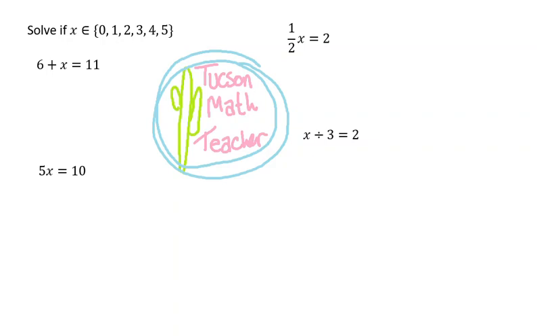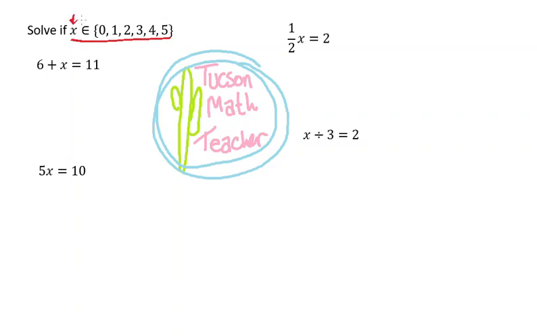And the idea is this, that we are going to give you a domain. We're going to say this is what x is allowed to be. There's all the numbers x is allowed to be. In fact, let me just give you a little rundown of this.